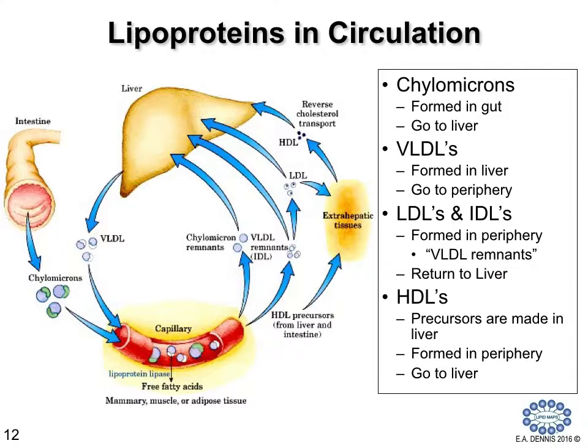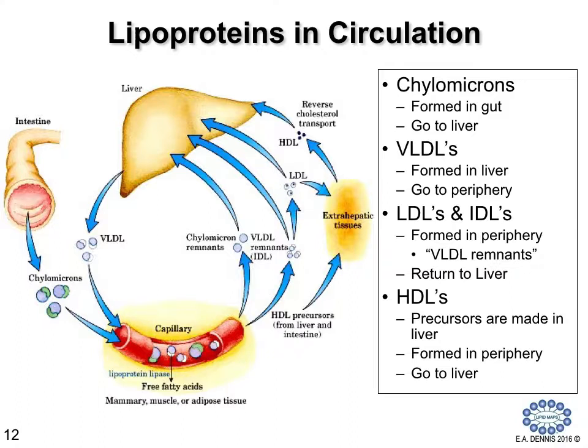Some of the VLDL loses sufficient triglycerides to become LDL particles, and again, the resultant LDL can be taken up by the liver or by peripheral extrahepatic tissues and cells.